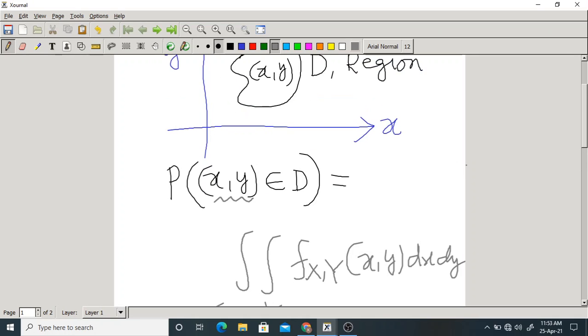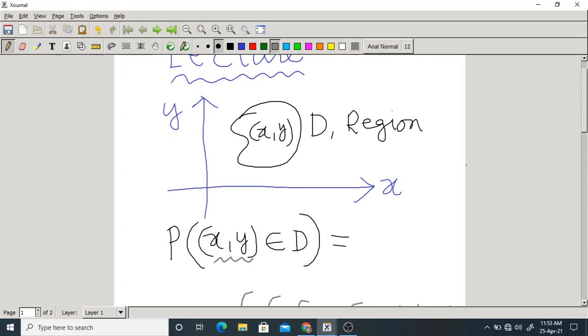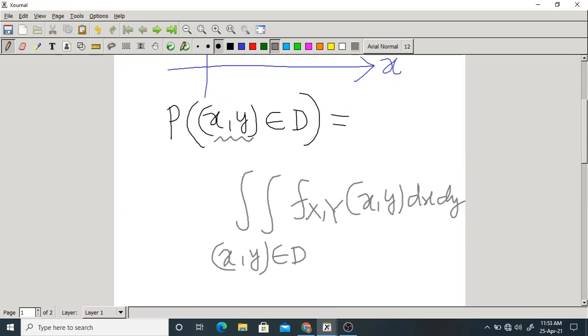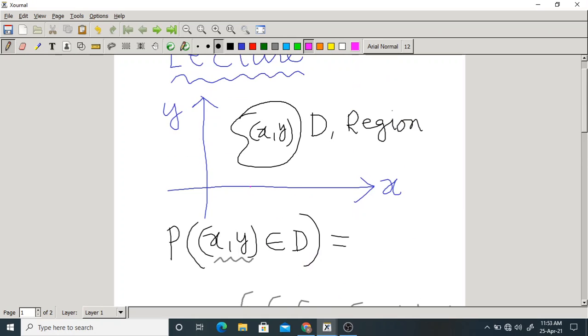So this is the probability of x y belonging to this region D. We integrate over this region, not simply the PDF but the joint PDF. How do we get these limits? The limits depend upon this region.